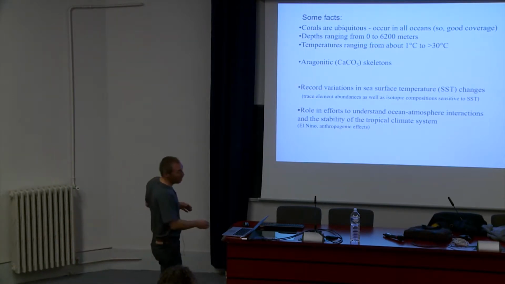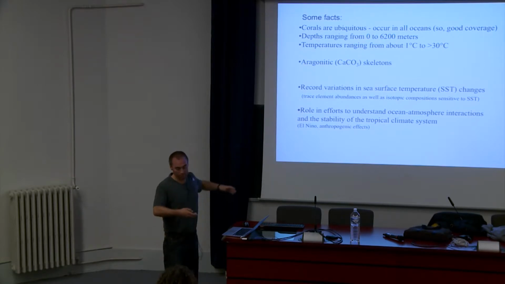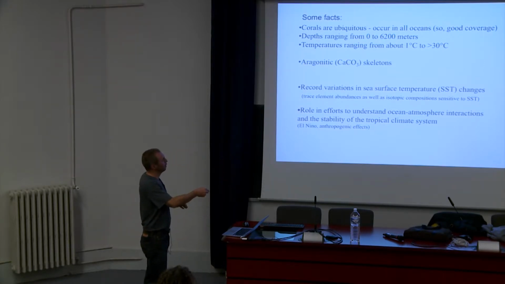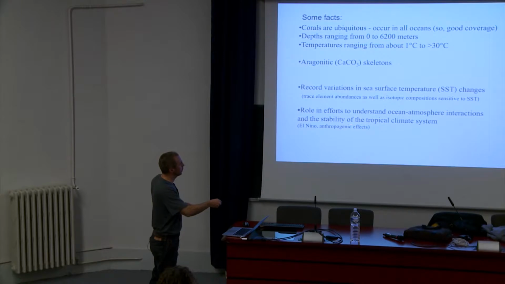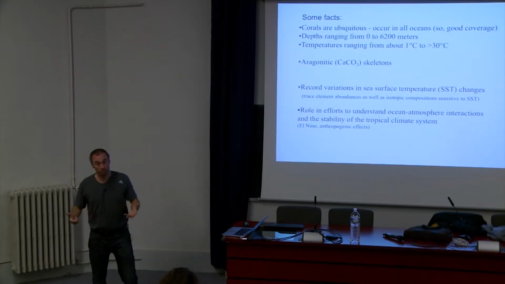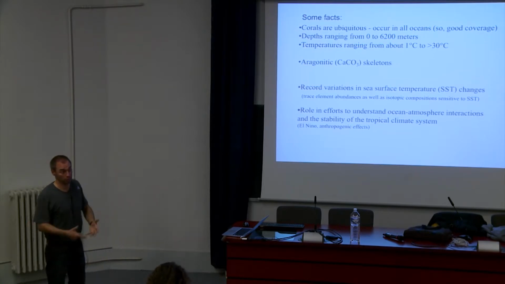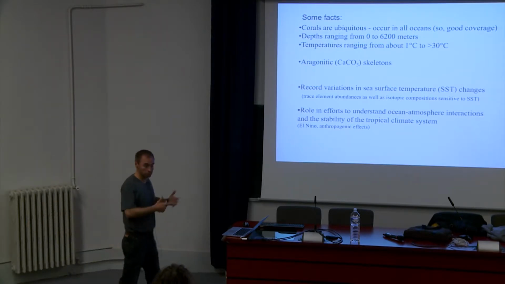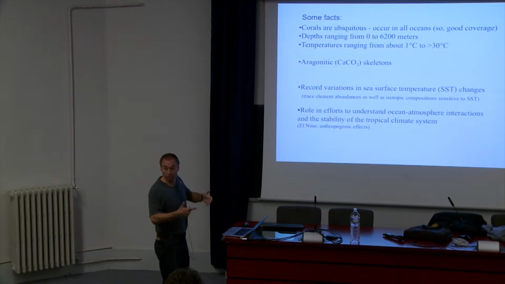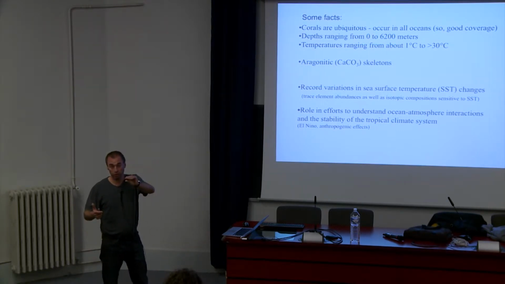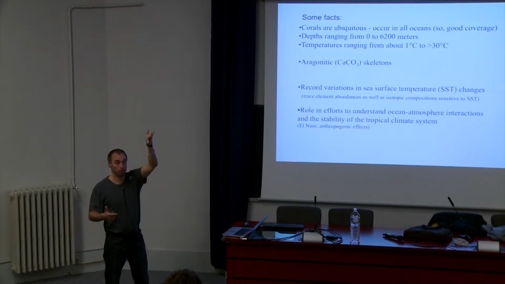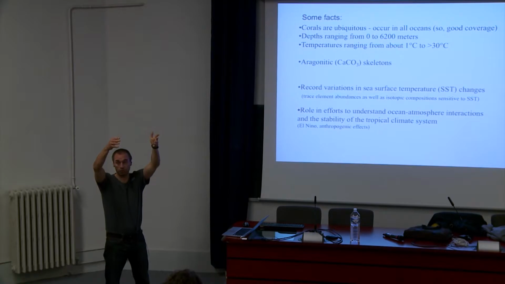So why is it important? Okay, just to get back to that, very quickly, it's very important to understand variations in the sea surface temperature, because it's a very important parameter in global, what do you call it, circulation models. If you change the temperature of the surface water of the ocean, especially in the tropics, by just half a degree, you increase immensely the amount of heat that's transferred to the atmosphere, which is then transferred to the higher latitudes.